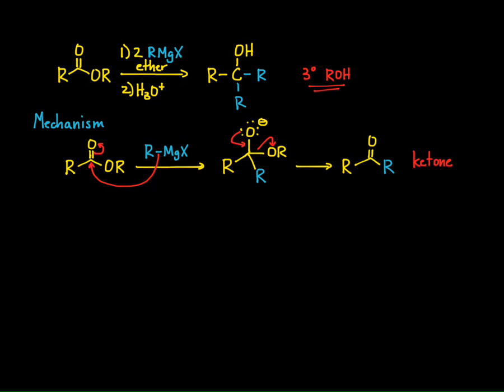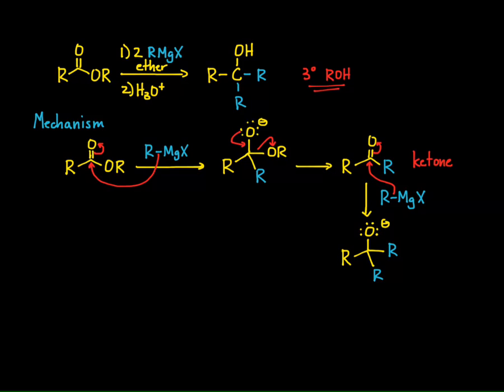And what do we know about ketones and Grignard reagents or organolithium reagents? Well, ketones will react with Grignard reagents. And so we get another addition to generate another tetrahedral intermediate. But this time we don't have a good leaving group. We have 3 alkyl groups, and none of them are good leaving groups.